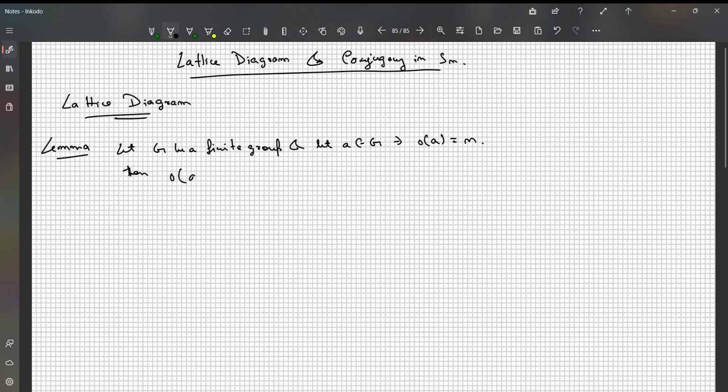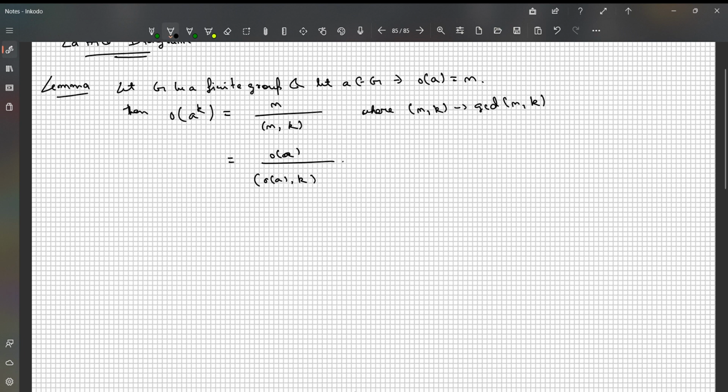The order of any power of a, say a to the power k, is given as n divided by the GCD between n and the exponent k, where (n, k) represents the GCD of n and k. So this is basically the order of a divided by the GCD of the order of a and k. Okay. So this is what we actually want to prove.